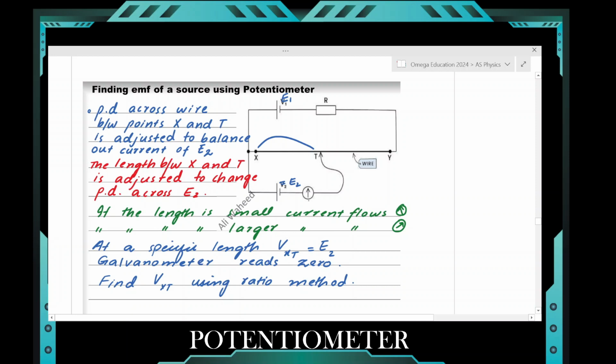So if I remove it from here and connect this terminal exactly at x, what did I say then?